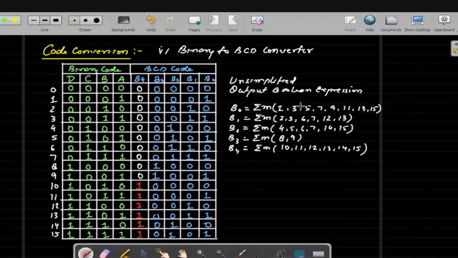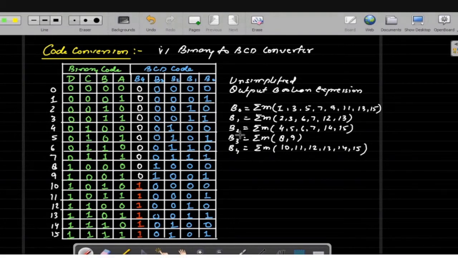We try to reduce these Boolean expressions up to some extent, so that the minimum number of gates is required to implement this code converter. To do so, we can use either Boolean algebra or the K-map. So now we are going to take the help of the K-map.